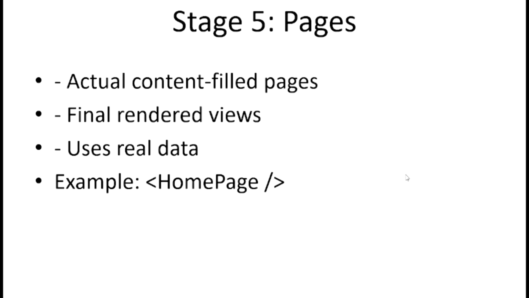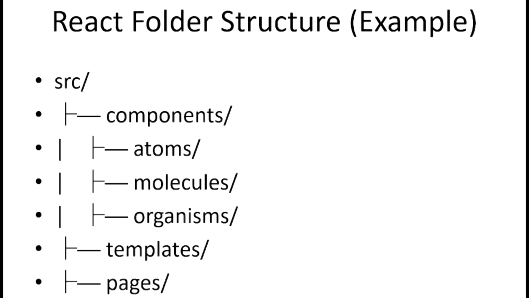Now this is the structure of a React folder. For example, inside src you can create a components folder, and inside components you can have your atoms, molecules, and organisms, and then templates and pages. So this is the way we create our atomic design.